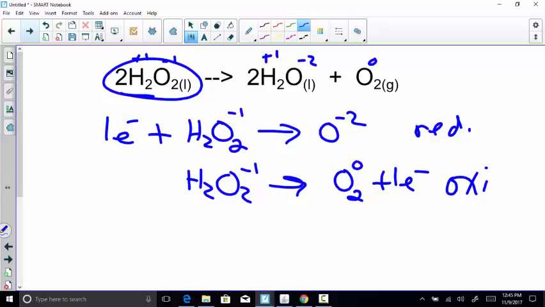Do you know why your hydrogen peroxide bottle is brown? Because sunlight speeds up this process. That's why it's brown. So, if you have hydrogen peroxide that's like 5 years old, it's water by now. It's probably not much hydrogen peroxide.